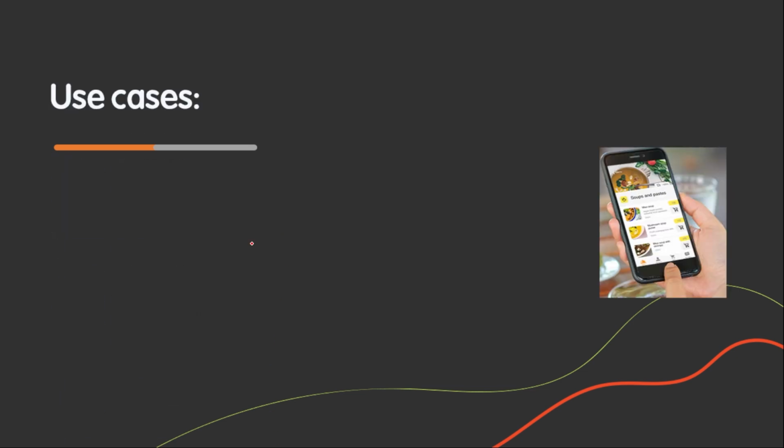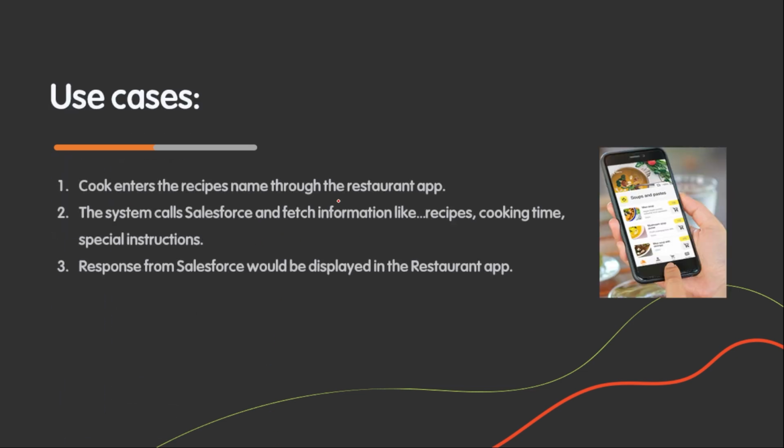Let's go ahead. So, use cases. Let's take one of the use cases here: the cook enters the recipe's name through the restaurant app. Let's say the restaurant has their restaurant application where the cook has to enter the name of the recipe. The system calls Salesforce, because they are integrated, and fetches information like the recipe, cooking time and special instructions.